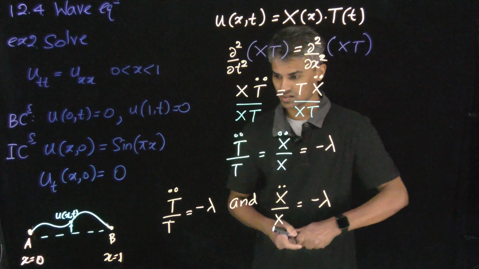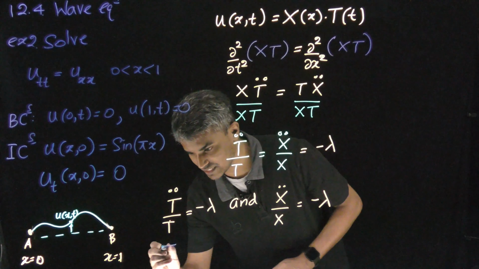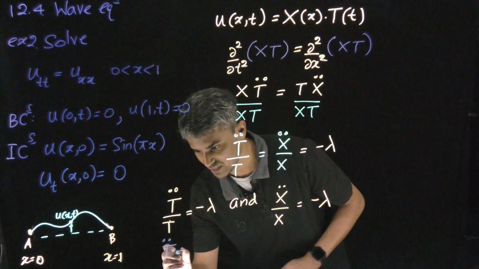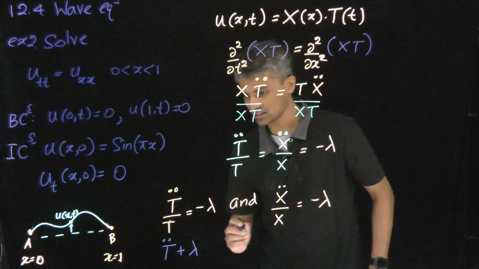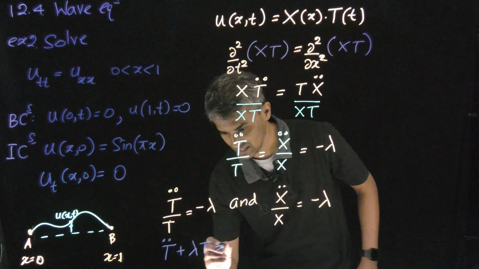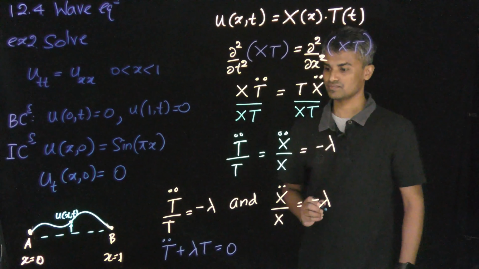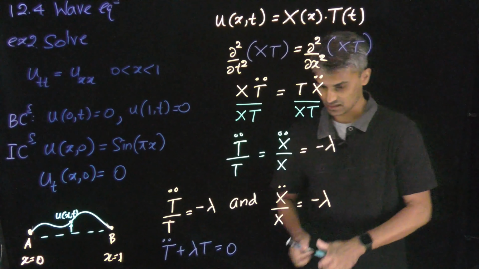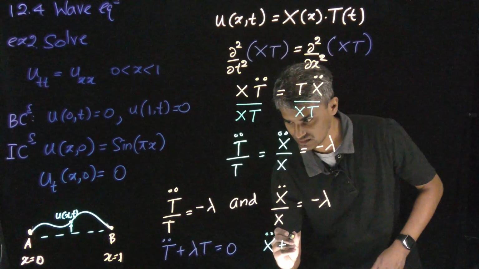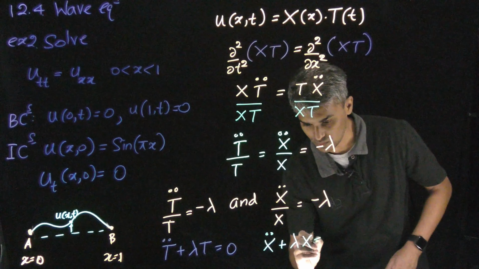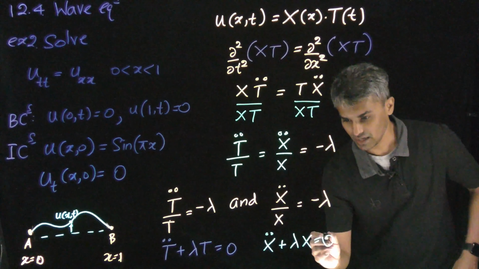Now if you simplify this, you will get a second order equation for the t variable: T double dot plus lambda T equals 0, and X double dot plus lambda X equals 0.